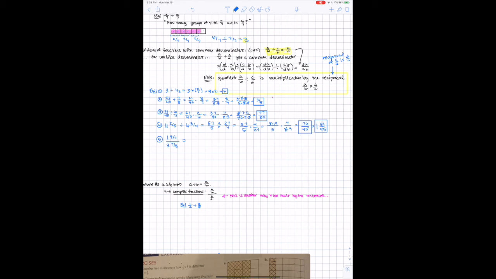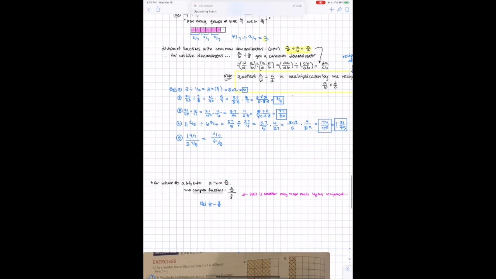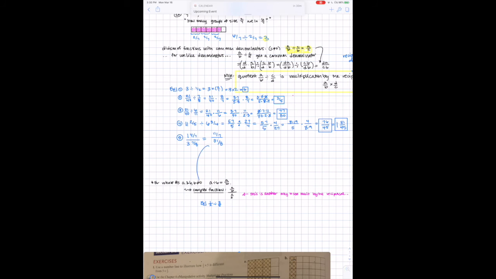Here we have 1 and 4/7, so that should be 11/7 as an improper fraction. And we have 3 and 7/8. 3 times 8 is 24, plus 7, so that should be 31/8. Okay, so this is what we call a complex fraction.